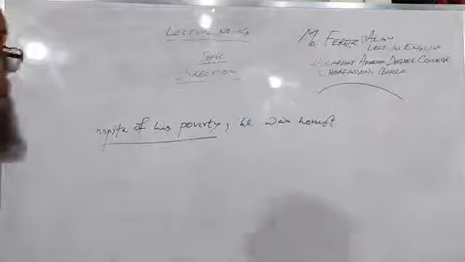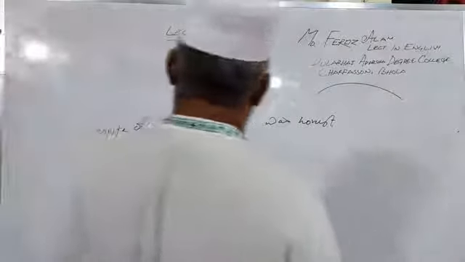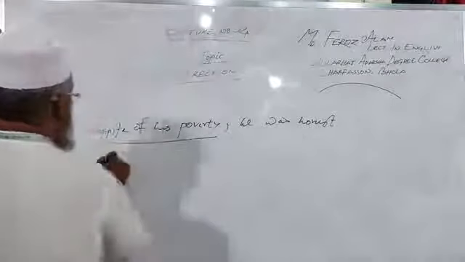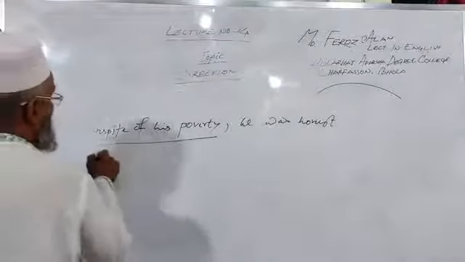In spite of his poverty, here we find a prepositional phrase, but how do we make a clause in this way? In this time, you can use though, although, and even though.